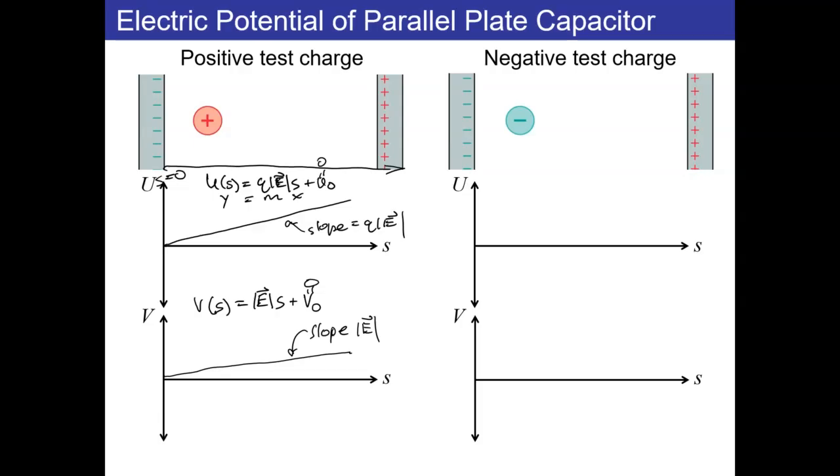All right. Next thing is, how are things the same or different if I have a negative test charge? See if you can plot out the same thing here, U versus S and V versus S, for the negative test charge case. I'll give you a moment to do that.